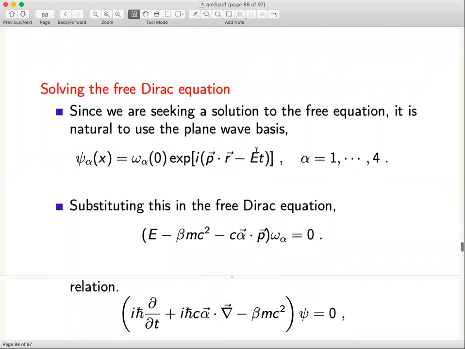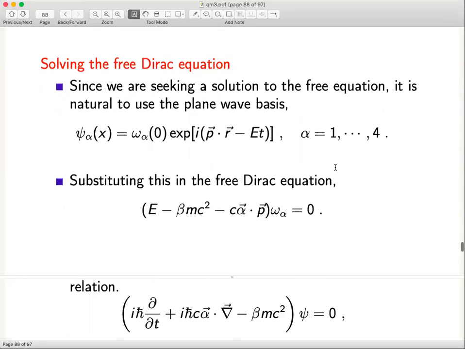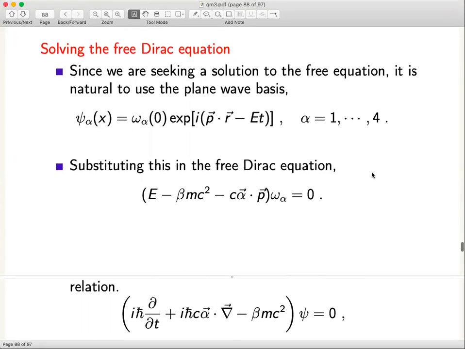So let's try to solve the Dirac equation. We would write down the solution. Remember, we are trying to solve the free Dirac equation, and if you are looking at the free particle equation, then typically you would use a plane wave basis.